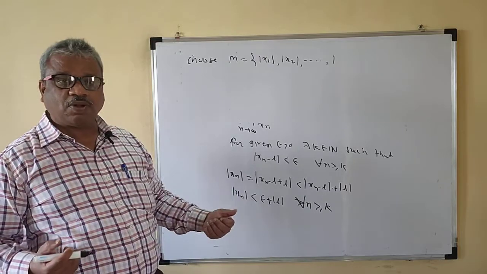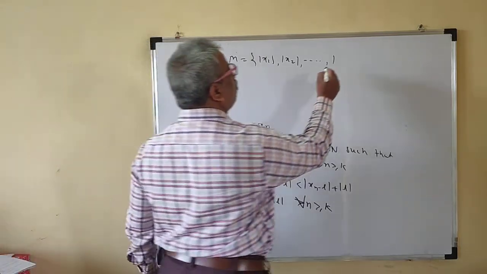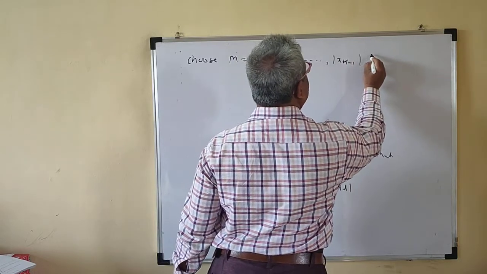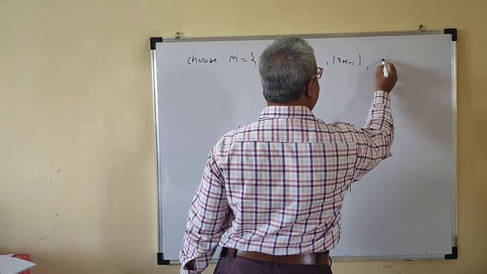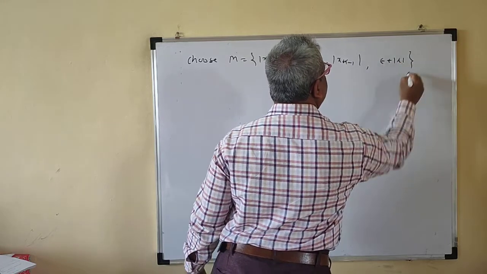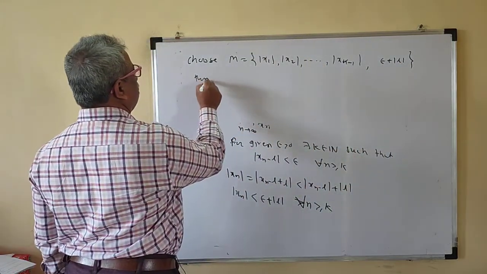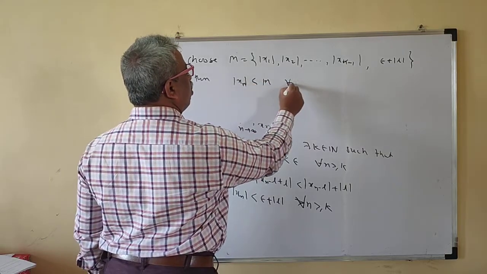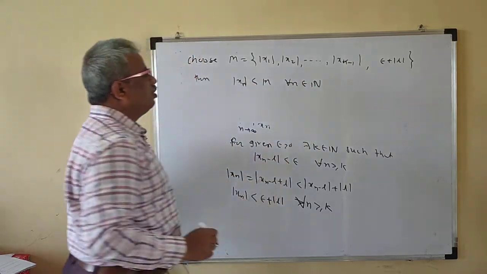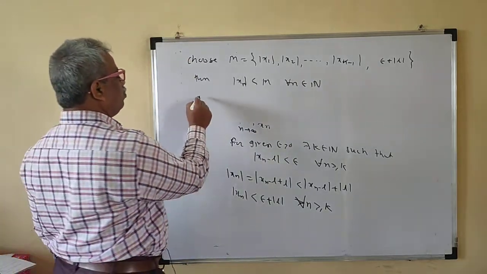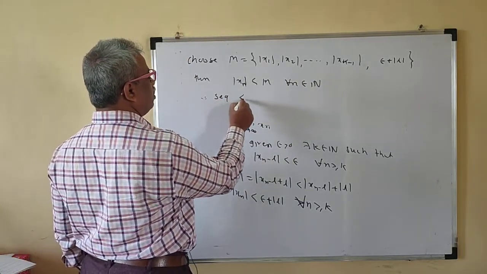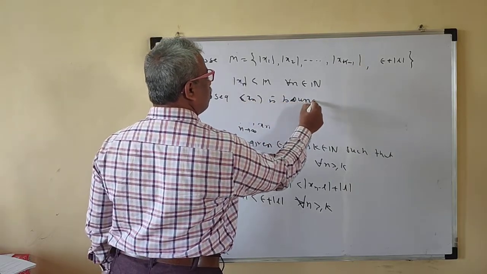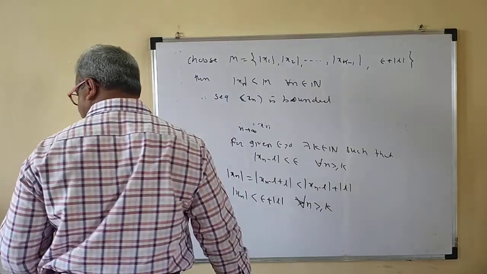But what about the previous ones? Those are mod of x1 up to mod of x(k-1), and for the rest it is epsilon plus mod L. Then mod of xn is less than m for all n belongs to N. Therefore the sequence xn is bounded.